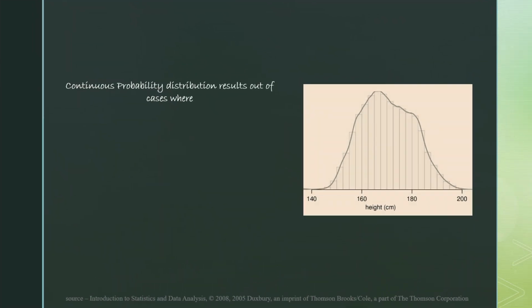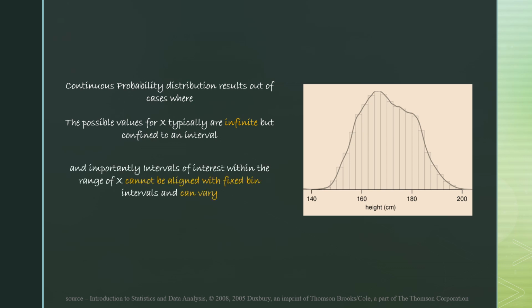Continuous probability distribution results out of cases where the possible values of x typically are infinite but confined to an interval. And importantly, intervals of interest within the range of x cannot be aligned with fixed bin intervals and can vary. And the values of x are in real numbers, not integers.